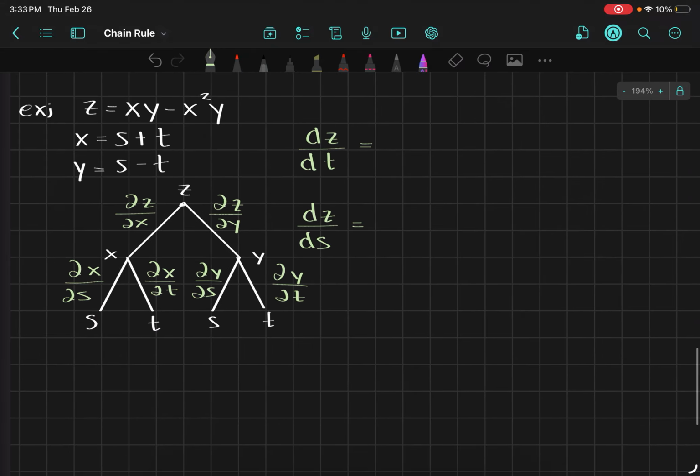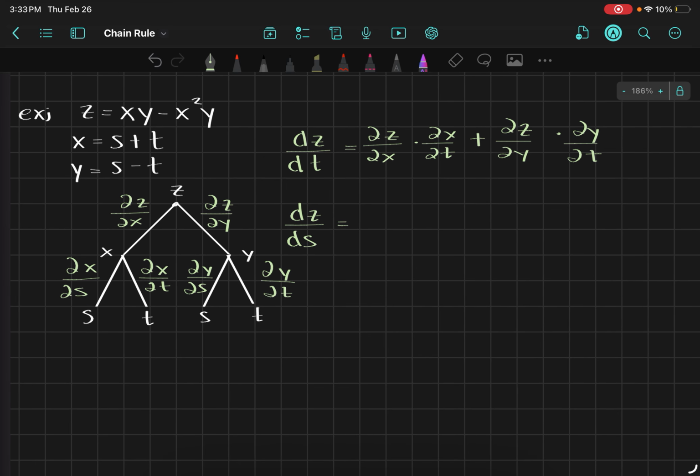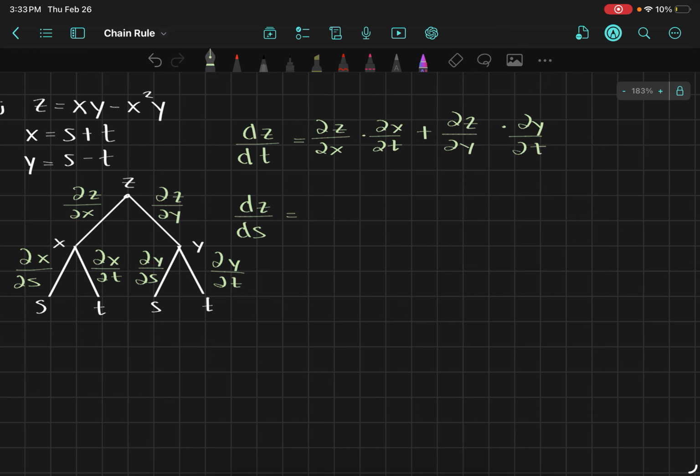So for our dz/dt, we're going to ignore these branches right here. We have dz/dx times dx/dt, plus dz/dy times dy/dt. That is going to be our partial with respect to time for y.